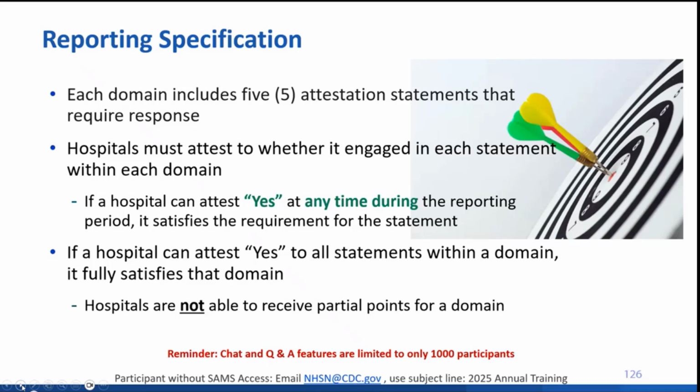This means that only a complete affirmation to all statements will qualify for a point. So in summary, for each domain, hospitals must attest yes to all 5 statements to earn a point. This structure allows hospitals to potentially earn a maximum of 5 points, 1 for each domain, by fully affirming their engagement with all statements.